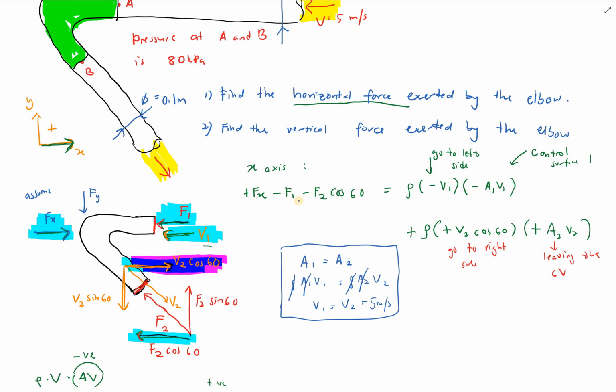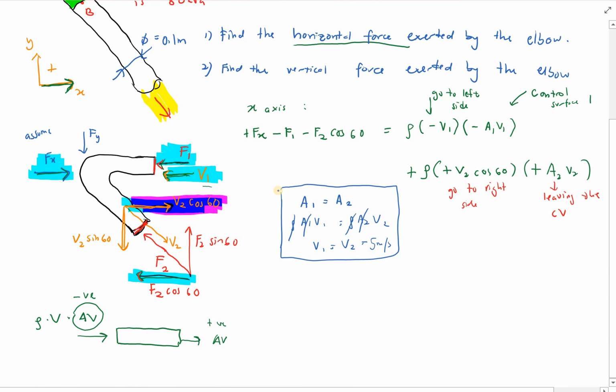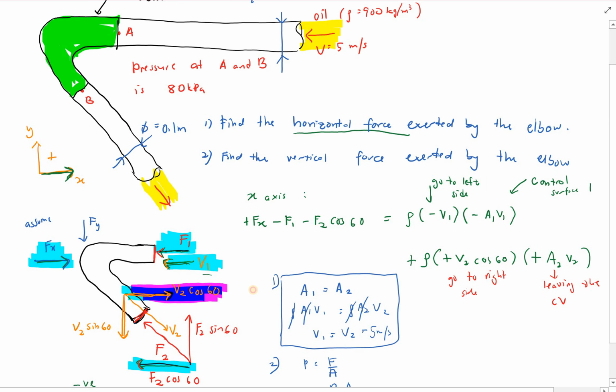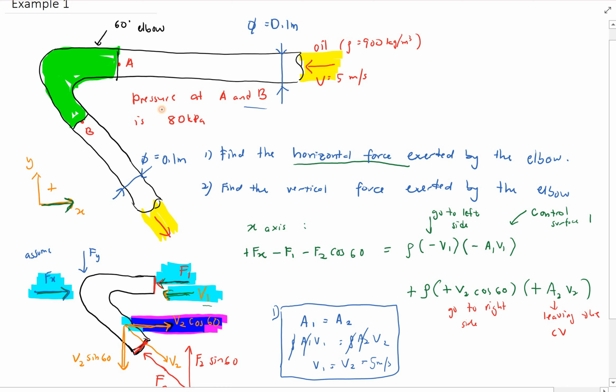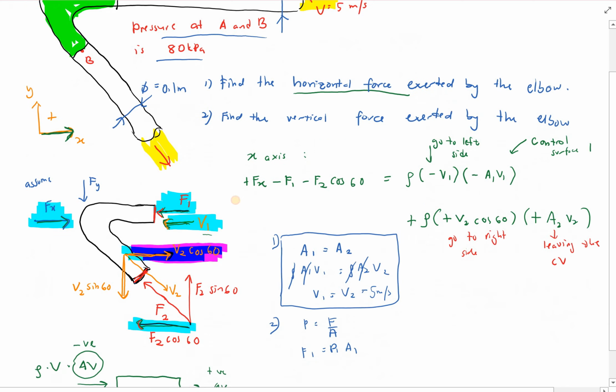So how to find F1 and F2? P equal to F over A. So you have F1 equal to P1 A1. Were you given the value for your P? Yes. Here, pressure at A and B is 80 kilopascal.